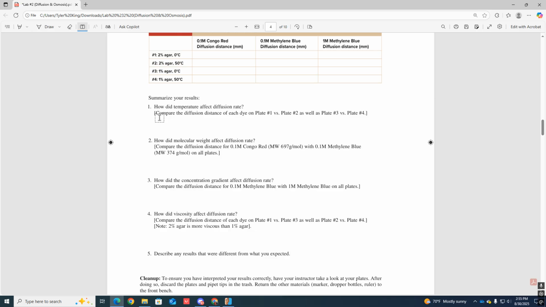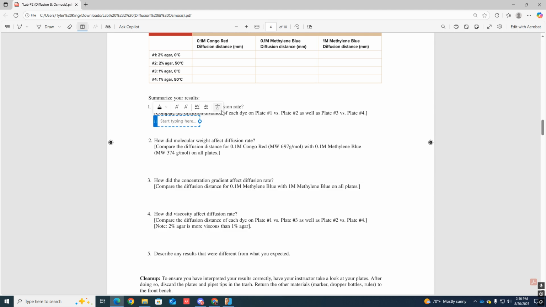Okay, but what happened? How did the temperature, how did molecular weight, how did all this stuff affect the diffusion distance? What do we see? What we should have seen, particularly compared to the diffusion distance of each dye on plate 1 versus plate 2, as well as plate 3 versus plate 4. So what happened with the temperature?